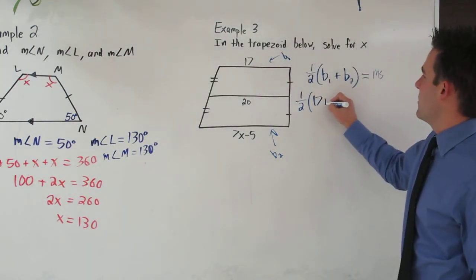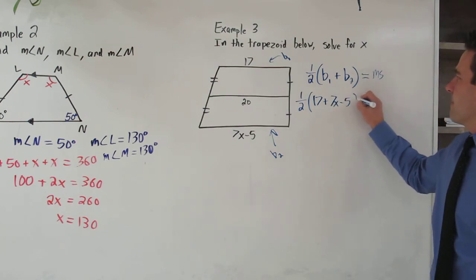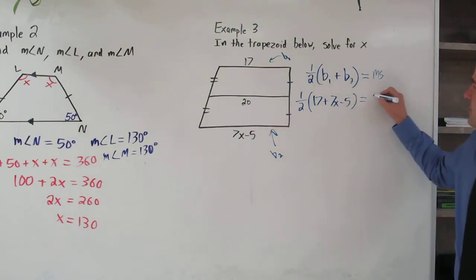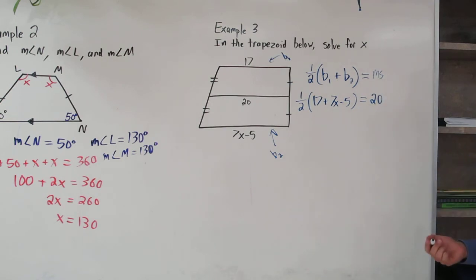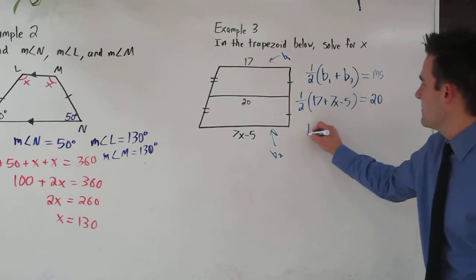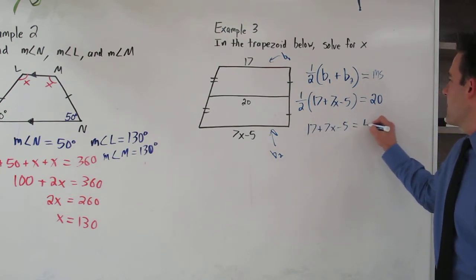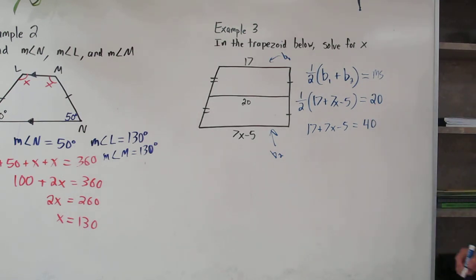1/2 of base 1 plus, here's base 2, has to equal the 20, the mid-segment. If you multiply both sides by 2, we can get rid of that 1/2. Combine like terms.